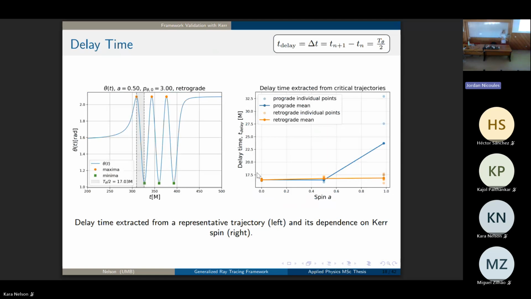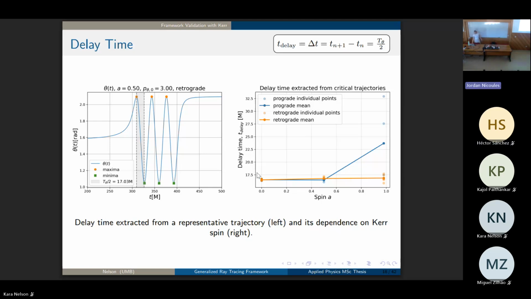Again, this is very important for the photon ring. And you can see how delay time changes with spin. It agrees very nicely for prograde, retrograde, and Schwarzschild, which is expected. Then you can start to see this asymmetry grow. And again, more time is being spent on the prograde side for the higher spin.